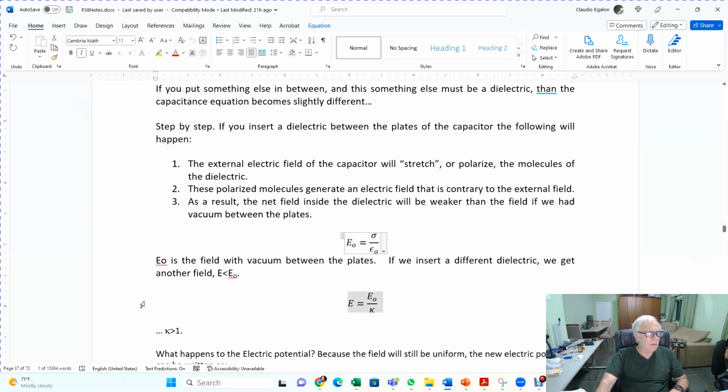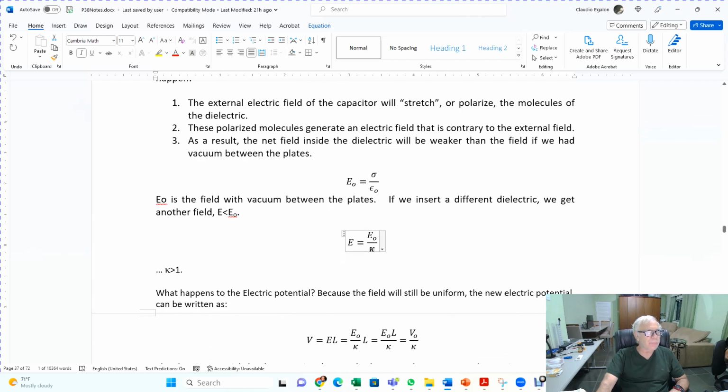But if you introduce a dielectric material, this field becomes weaker. And this factor that you see downstairs here is exactly what we call the dielectric constant of different materials. Okay? And there are tables that document this value for kappa.